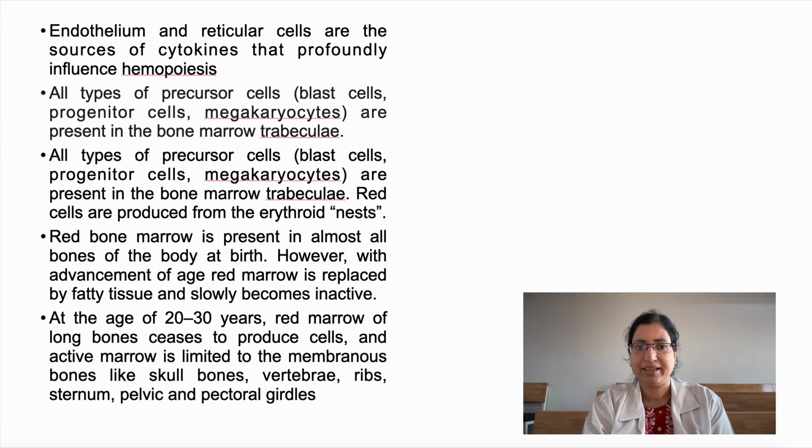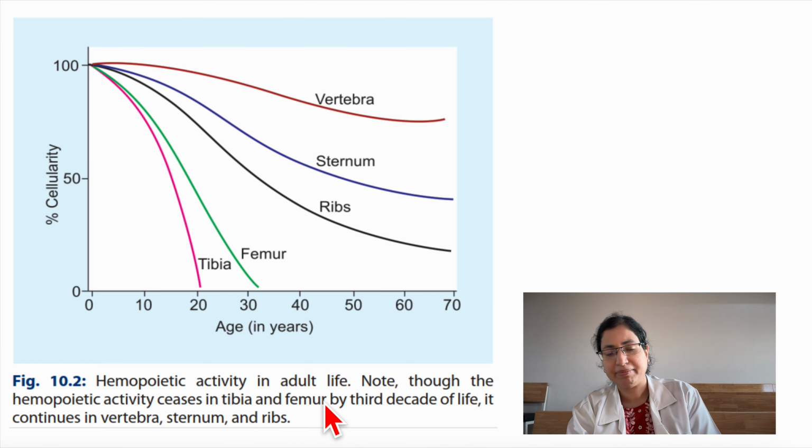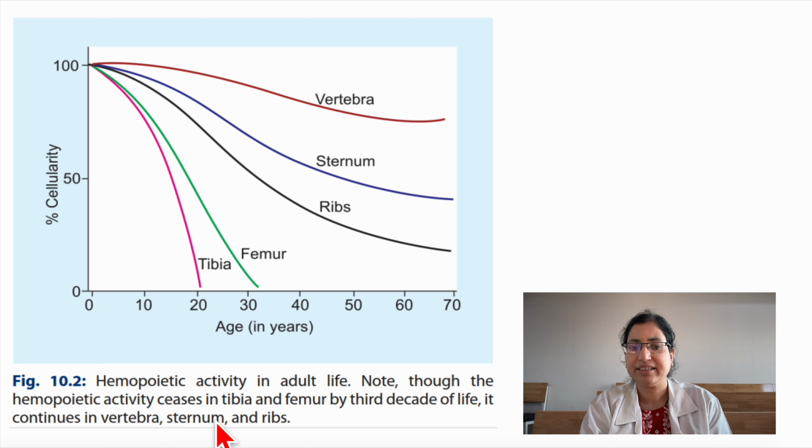These are different types of cells. Now, hematopoietic activity in adult life. Note that hematopoietic activity ceases in the tibia and femur by the third decade of life. It continues in the vertebrae, sternum and ribs. So these are the sites of blood formation.